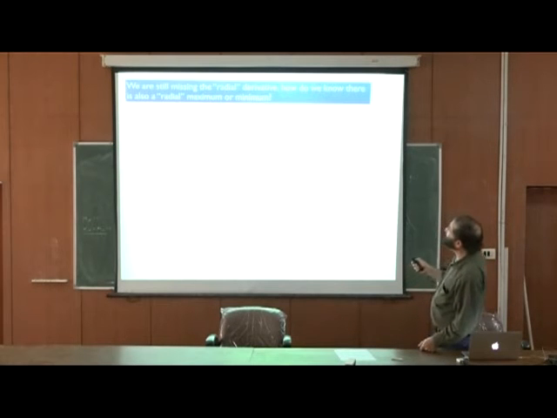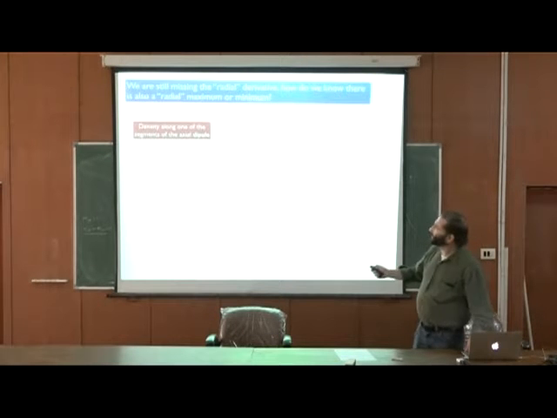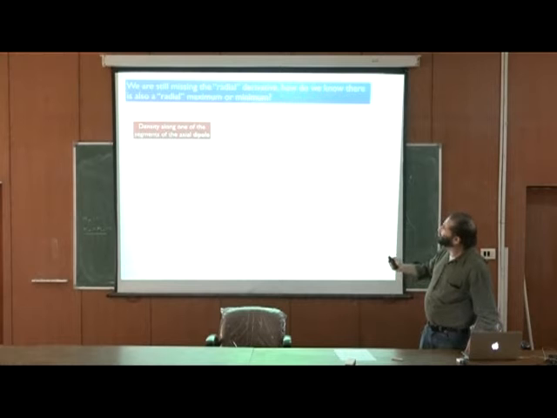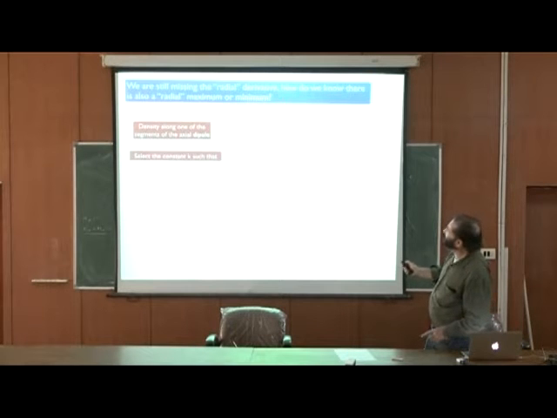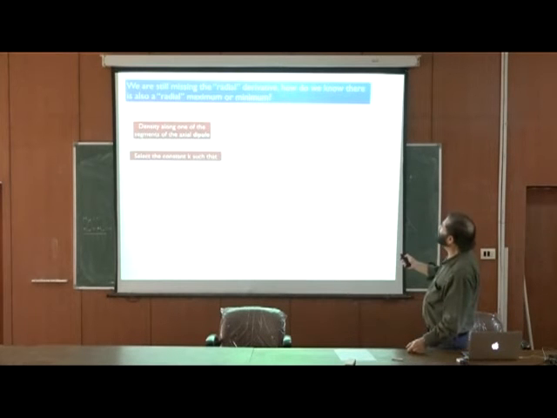We are still missing the radial derivative. How do we know there is a radial maximum or minimum? Well, we take the density along the dipole, and we notice that this is the formula for the density along each one of these small dipoles. It has this form, and we see here that the denominator has gamma, the same gamma we had in LTB models.